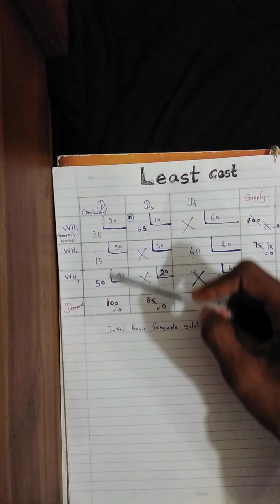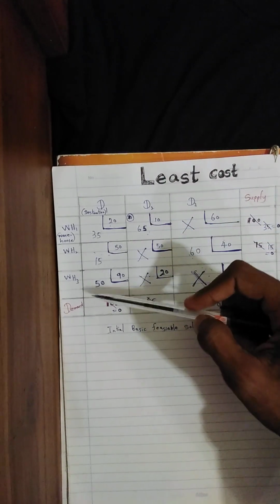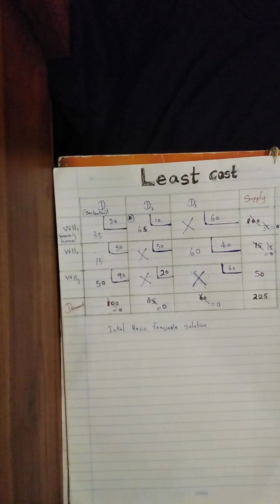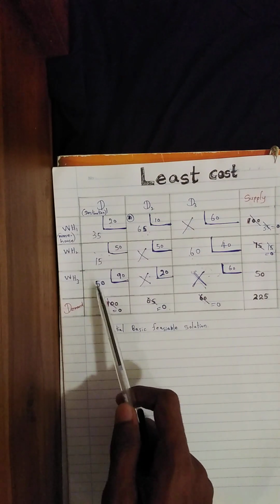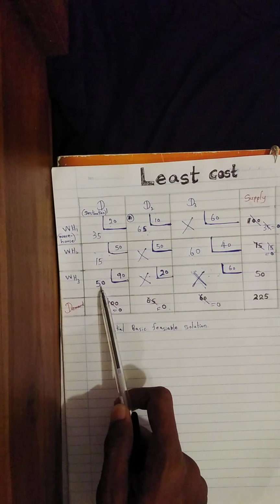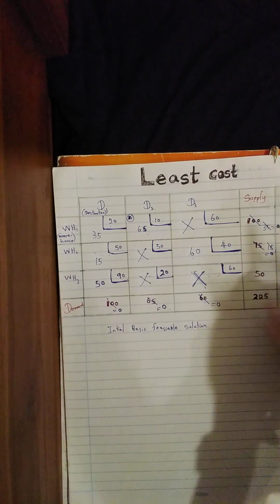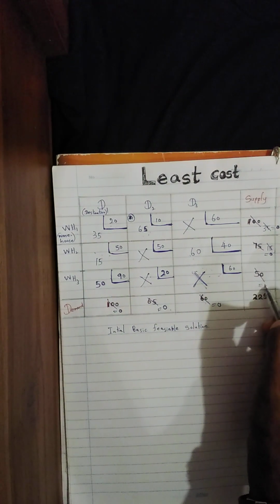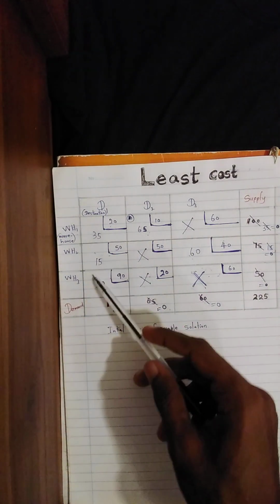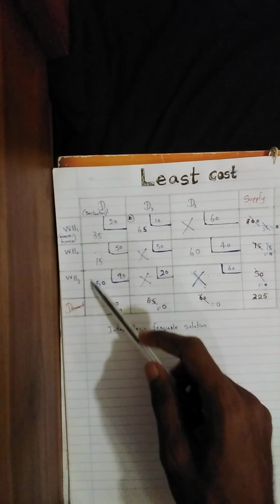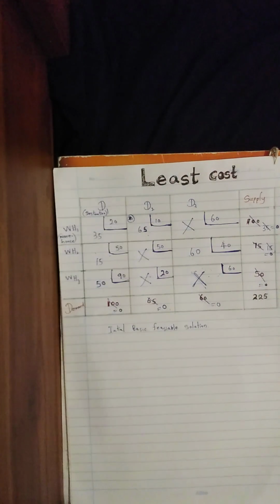Destination 1 demand is already fulfilled. Warehouse 3 provides 50 units, and this supply becomes 0.